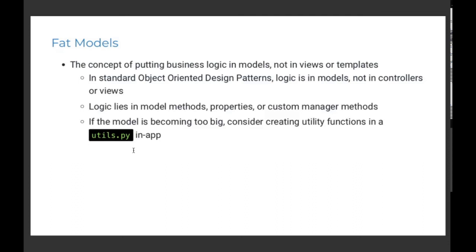So how does that happen? You can create model methods, properties, or custom manager methods. You can add methods to your managers to do a lot of stuff. But if you see your models becoming too big, there's no harm in creating utility functions in a utils.py in the same application as a sibling to your models.py.